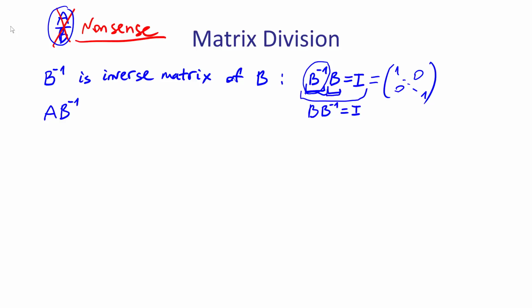So this is basically A multiplied by B inverse, or B inverse multiplied by A. And those things might be completely different. So you need to be very careful with those things. We need to be very careful when we're solving matrix equations. We need to be very consistent if we multiply by matrices from the left or from the right.